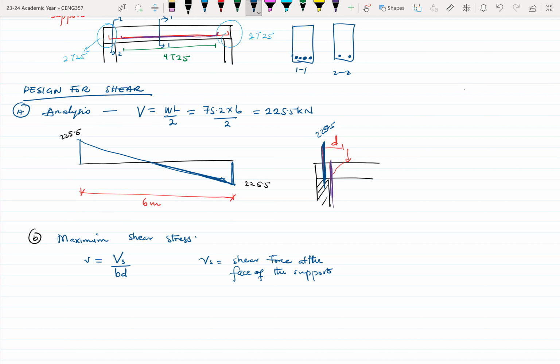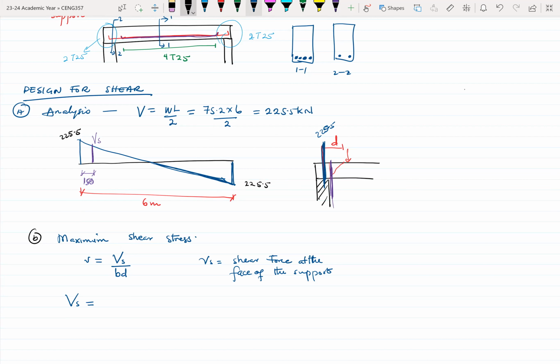So that shear force Vs will be equal to, so let me use this marker here. So you're looking at shear at this point. So if we know this distance here, which will be half of the width of the column, that is 150 millimeters, we can easily determine what Vs will be. All right.